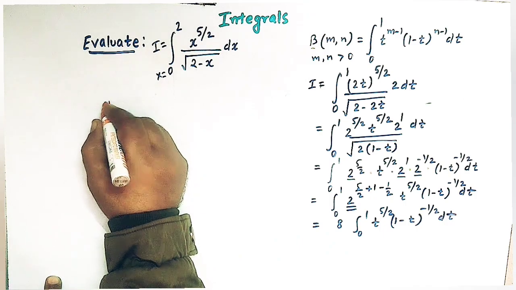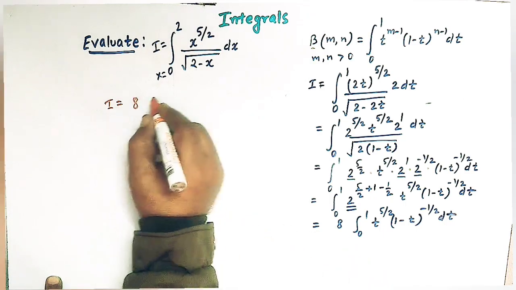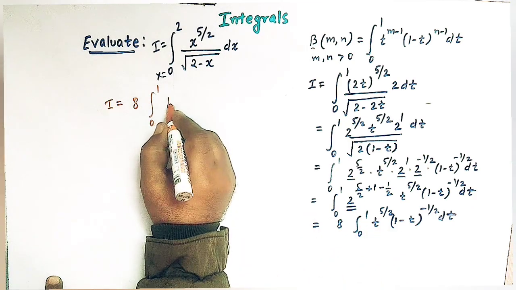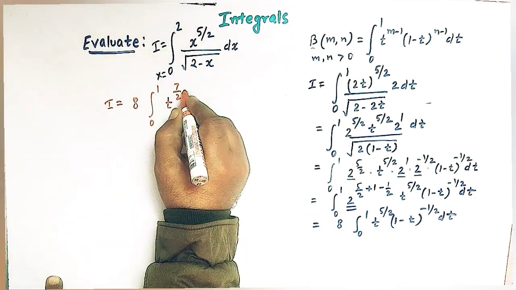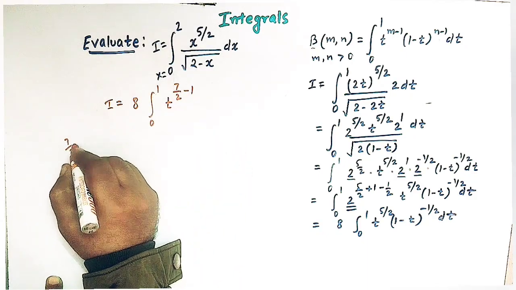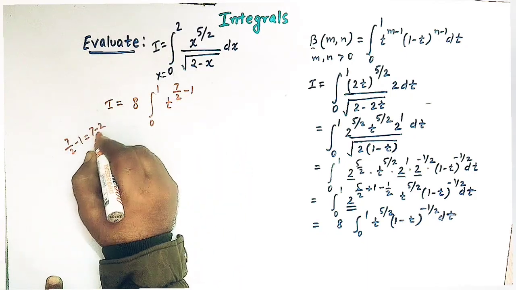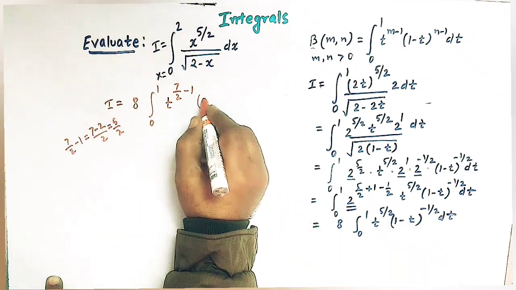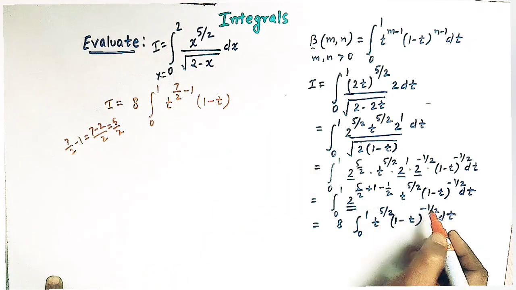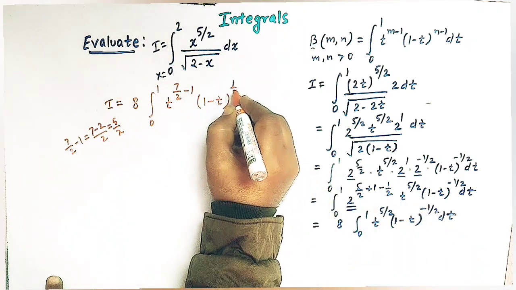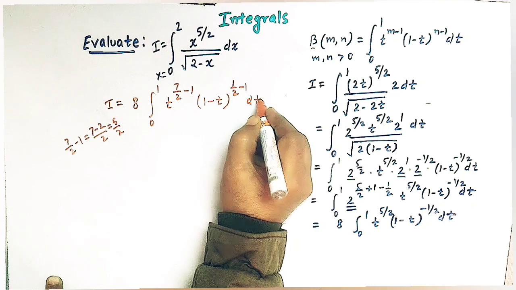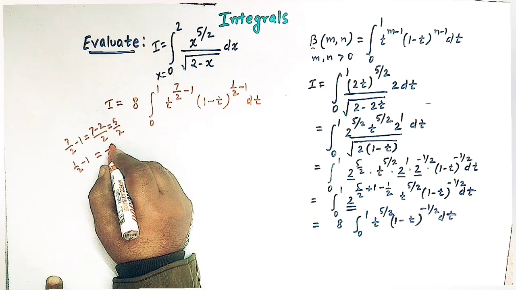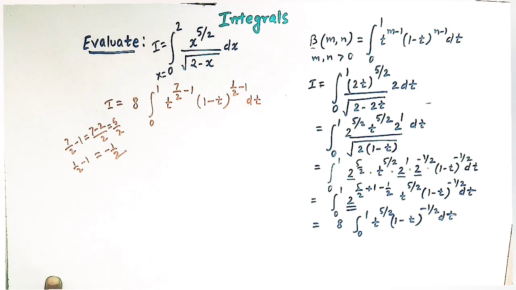Now let us write I equal to 8 times the integral 0 to 1, and t^(5/2) can be written as t^(7/2 - 1), because 7/2 - 1 is (7 - 2)/2, that is 5/2. And here we have (1 - t)^(-1/2), and minus half can be written as half minus 1, because half minus 1 is equal to minus half, right?